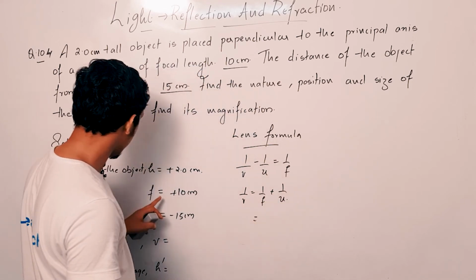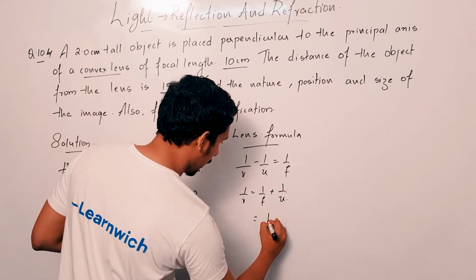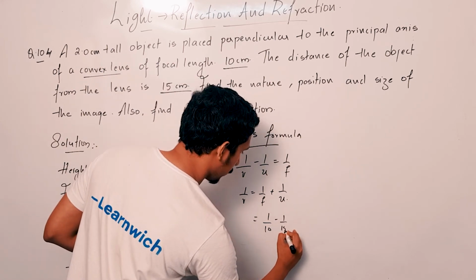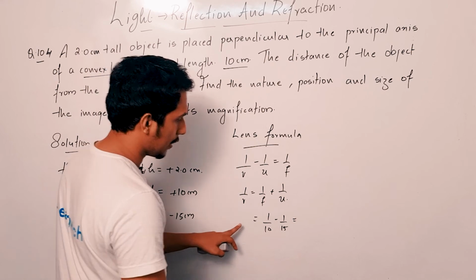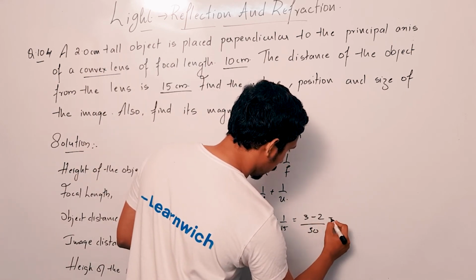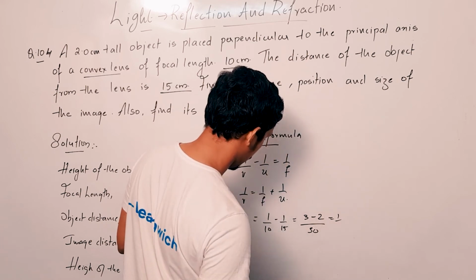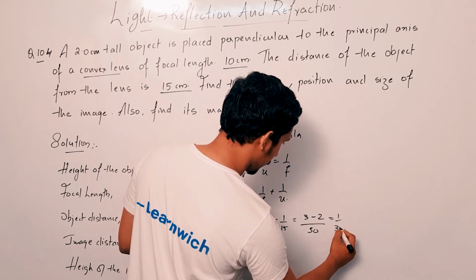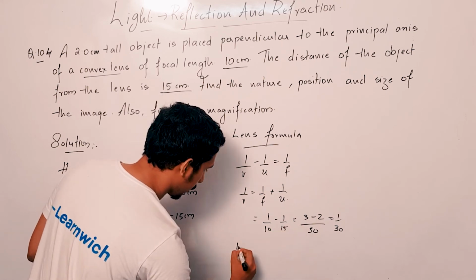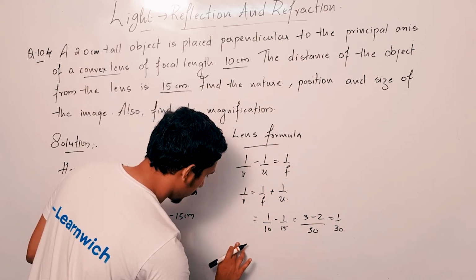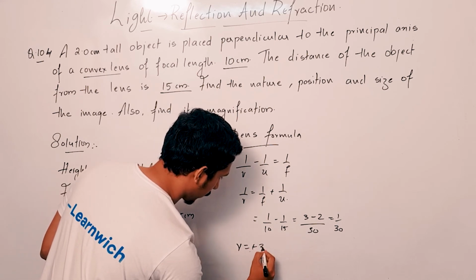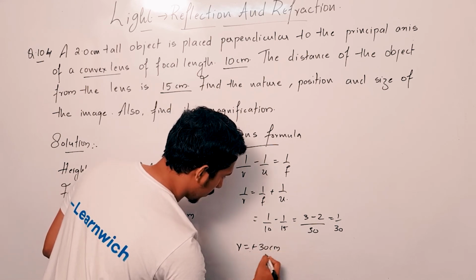Now substitute values, you get 1 by 10 minus 1 by 15. LCM is 30. 10 three times, 15 two times is 30. So 1 by v is 1 by 30. So v is equal to, you invert it, positive 30 centimeter.